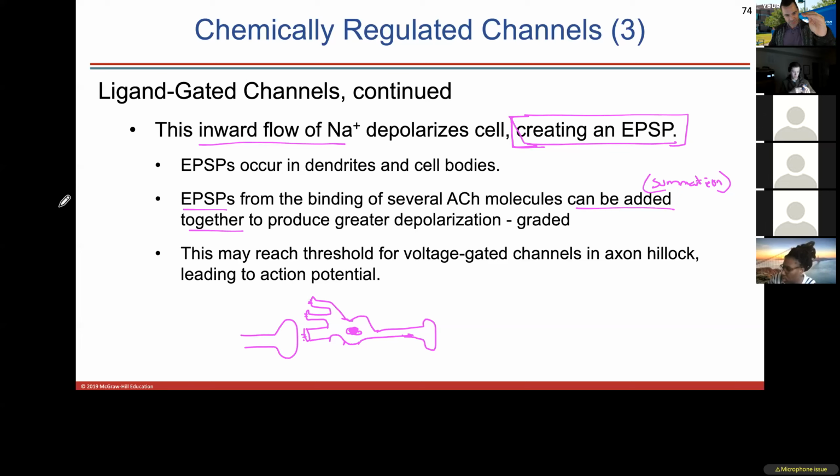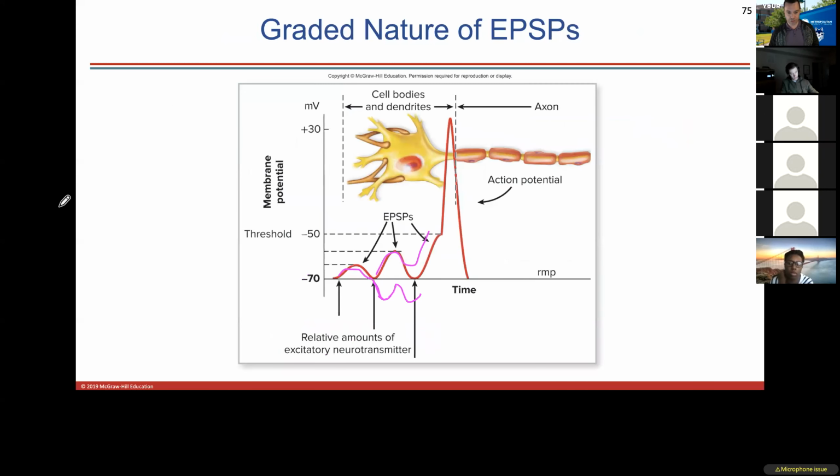As we started going on the dip down, more came in, so I can add to that sodium within that dendrite region. And another one comes in, and I keep adding, I keep adding. And that's that threshold. That's that summation that occurs there.